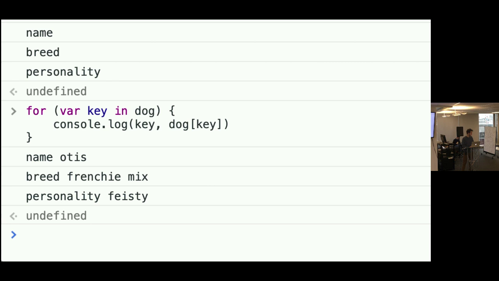Does that clear that up a little bit? Oh yeah, you can keep using the key inside of here. So instead of just console logging it, I might do other stuff with it as well. So here I'm console logging, and then I'm console logging dog[key], dog being the object that I was looking at.